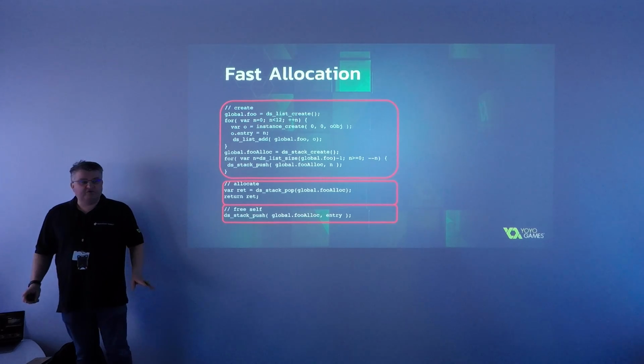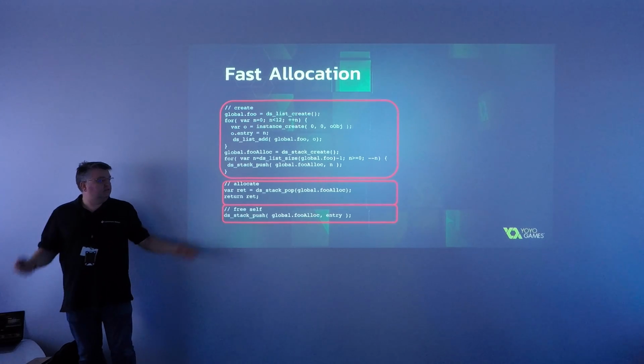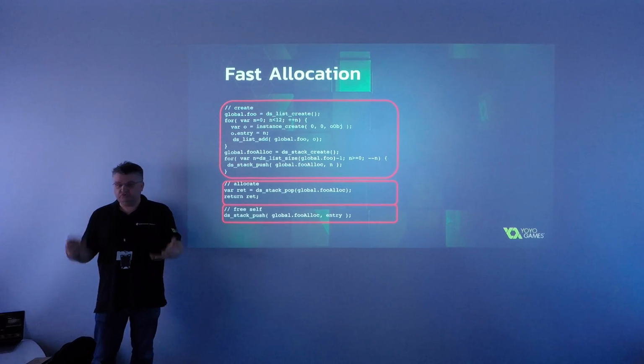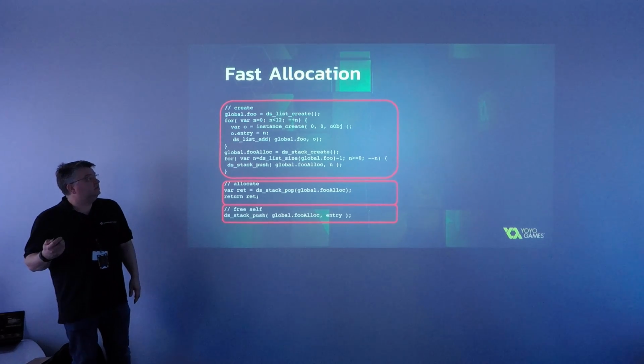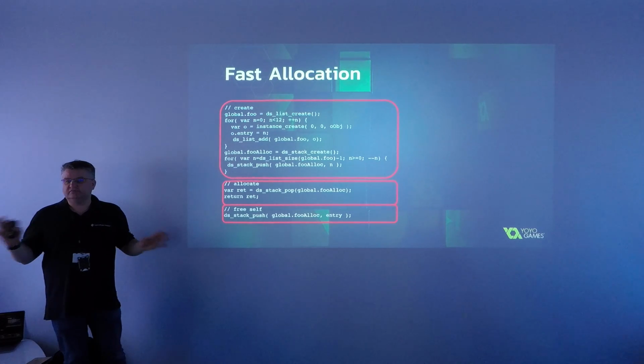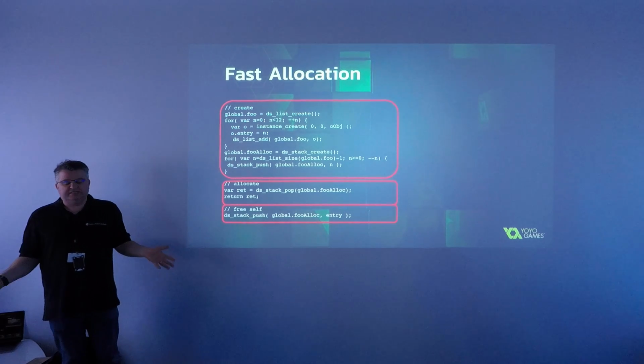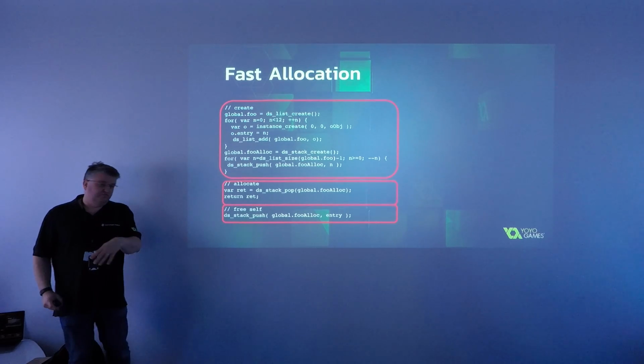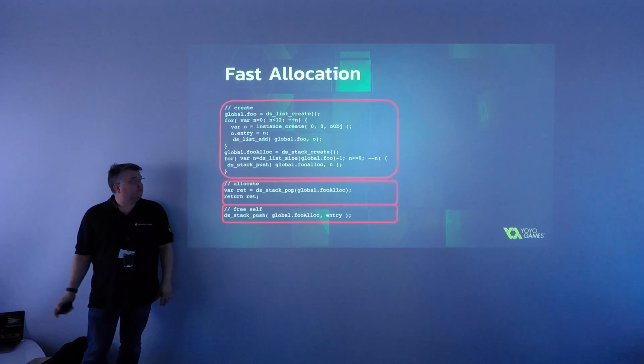Dead simple, very easy to do. You can even do this inside inner loops and things like that, and it really doesn't come into the profile. It can be used for lots of things. It doesn't have to be graphical things. I've used it in the past for AI objects, for particles, for all sorts of things.